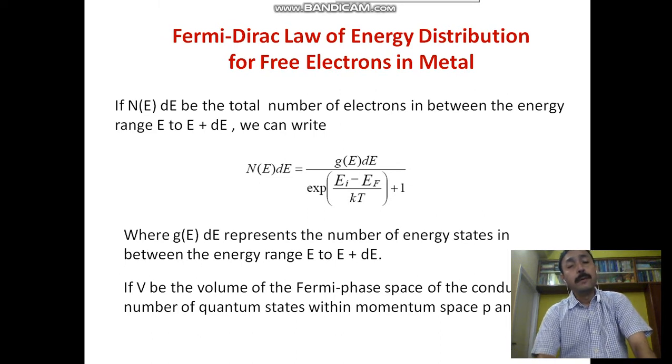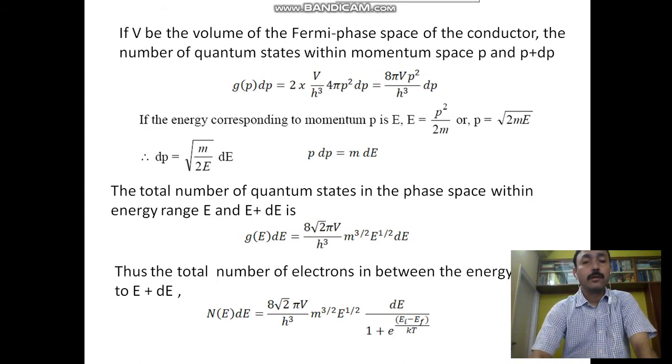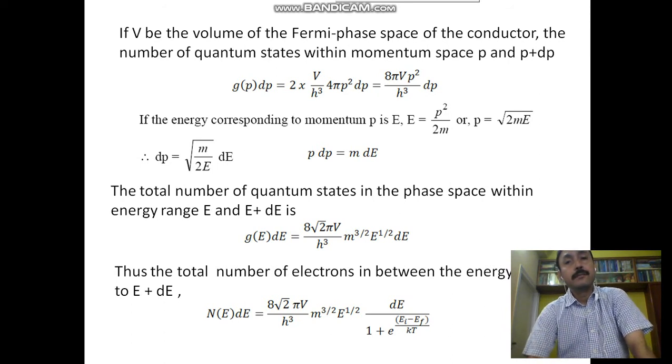If V be the volume of the Fermi phase space of the conductor, the number of quantum states within the momentum space P and P plus dP is equal to G(P)dP, which is equal to 8 pi V P square by h cube dP. This is the G(P)dP.